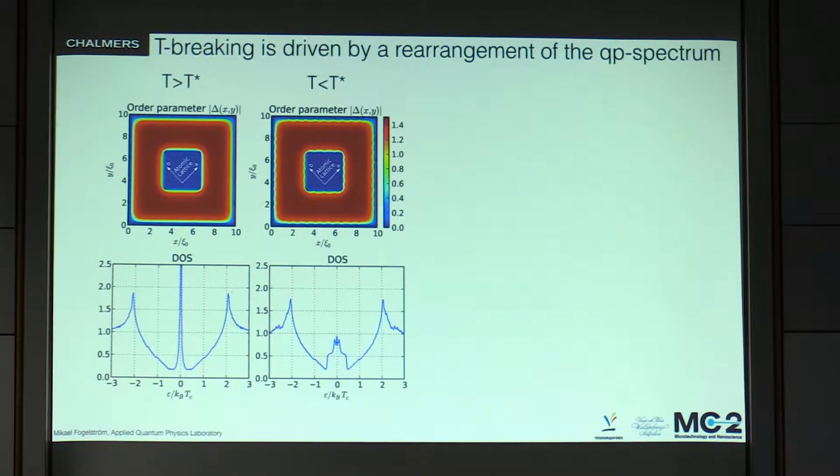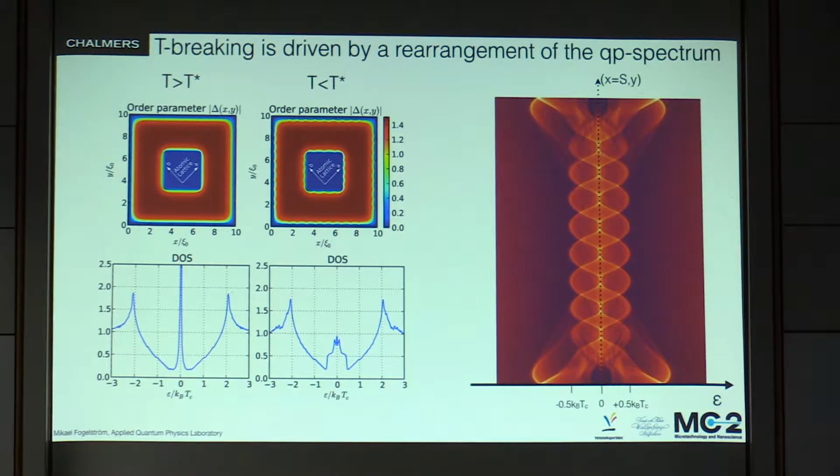So why does it happen? Well, the energetics is actually that once you go into this phase, you get a rearrangement, so you move all the spectral weight out away from zero energy. Here I'm basically plotting position along the surface and energy, and we're just putting the intensity of how many states you're having.